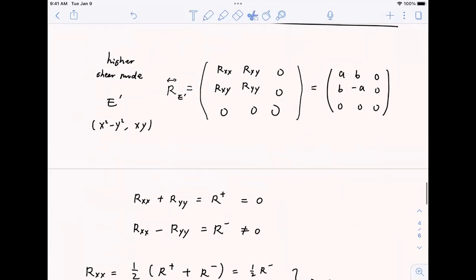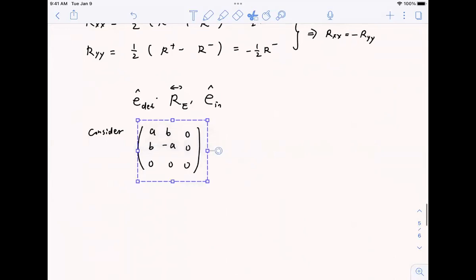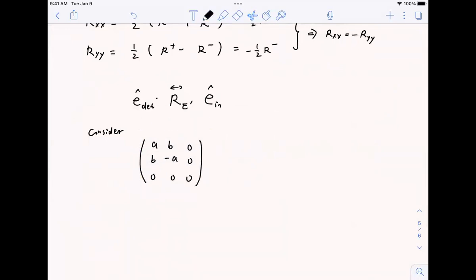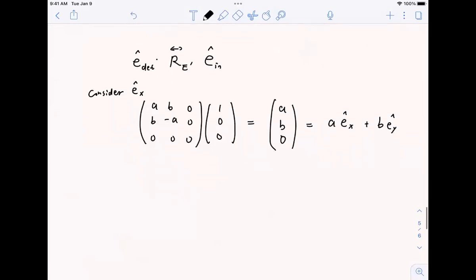We can easily tell. Okay, so if you consider EX, then it will be 1, 1, 0. Then you will have A and B. So this will be a certain combination of EX plus BY.